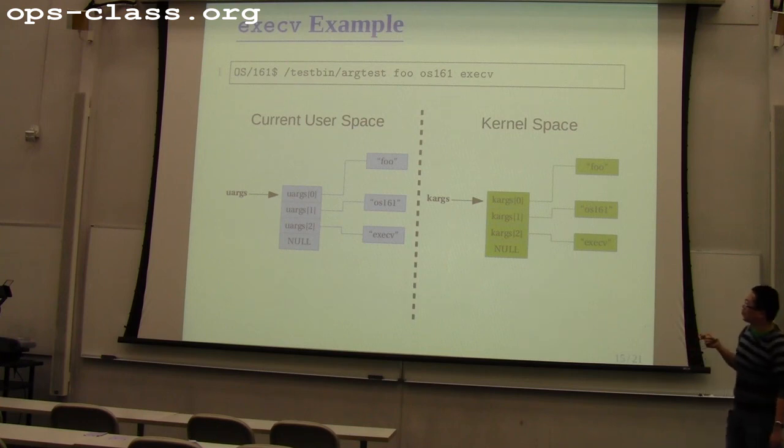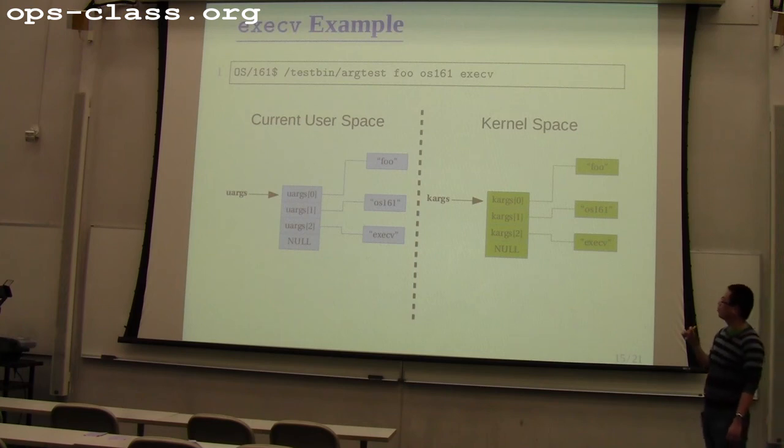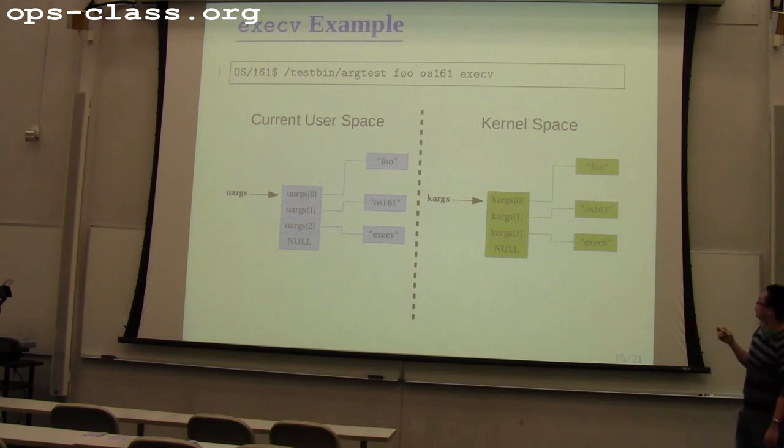So you first need to copy the pointers one by one into the kernel, and then you can copy the actual content of the arguments. At the end of this first stage, you should have all the arguments in kernel space. You can organize them any way you like, but that's just one way. So you also have a pointer array, and each of them points to the arguments.